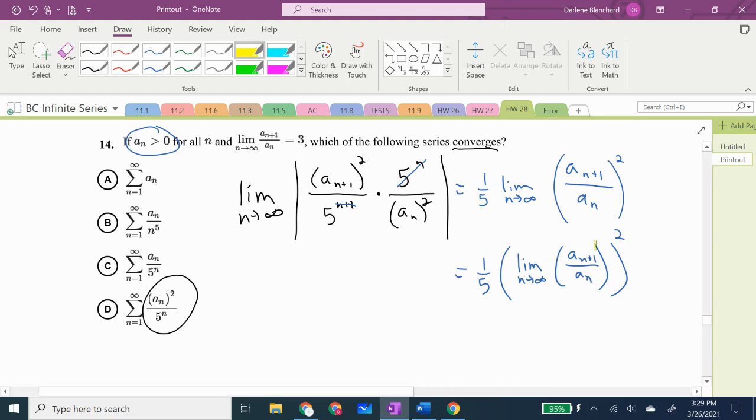And we know that the answer to this limit is 3. So that means that the actual limit that I'm using for my ratio test is 1/5 times 3 squared, which is 9/5, which is greater than 1, and I diverge.